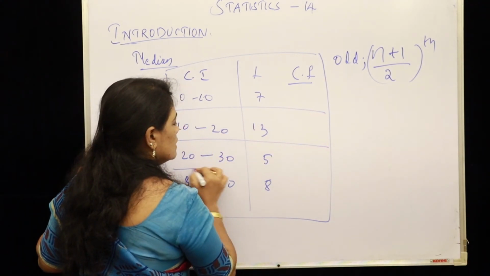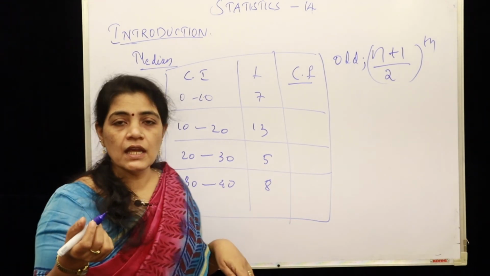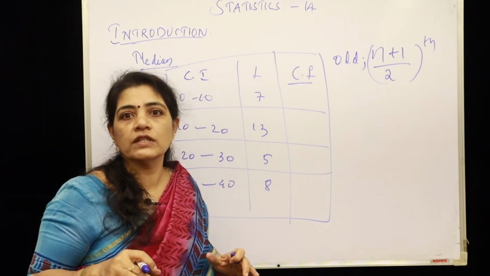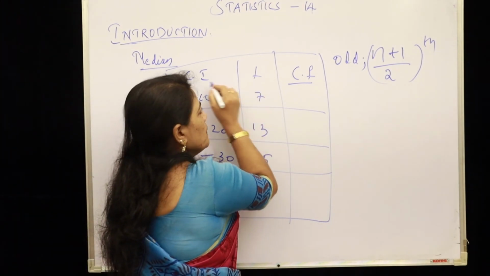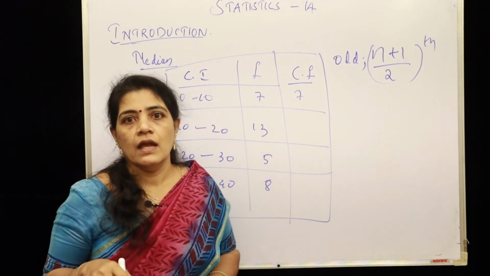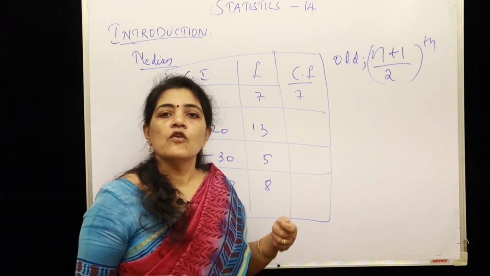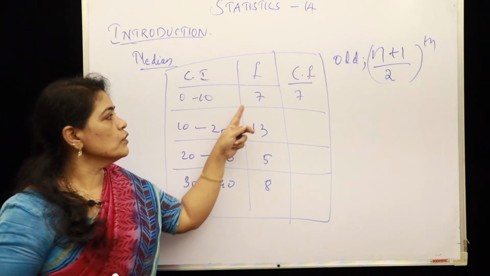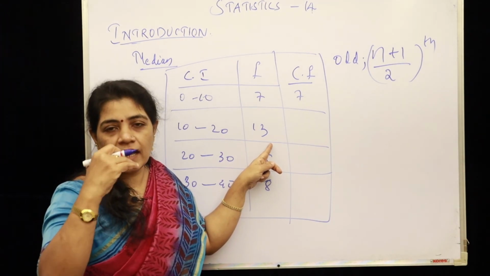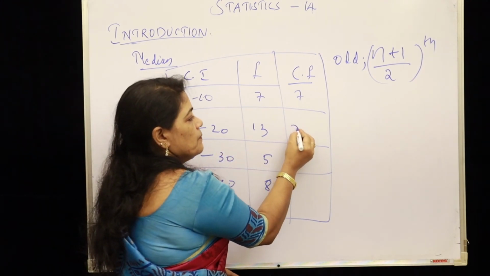I already told what cumulative frequency is. The cumulative frequency of the first class interval is always its original frequency itself, that is 7. In order to get the CF, CF means cumulative frequency, for the second class interval, take the sum of the frequencies of the first two, that is 7 plus 13, that is 20.